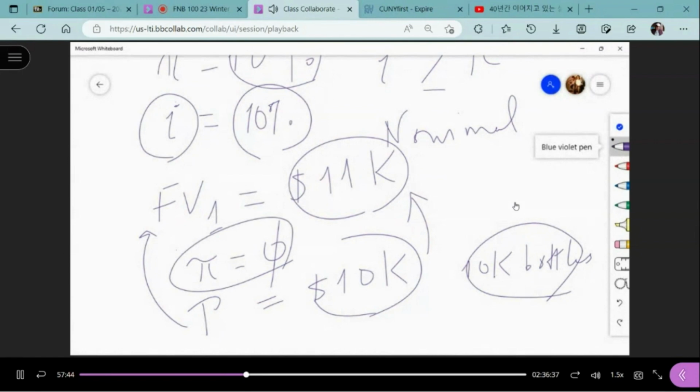One year later, without any inflation, the bottle of Coke still costs $1. Then with 11K, how many bottles can you buy? 11,000.